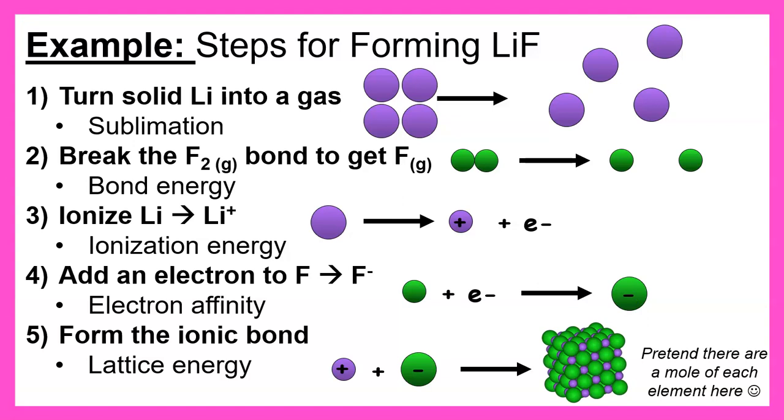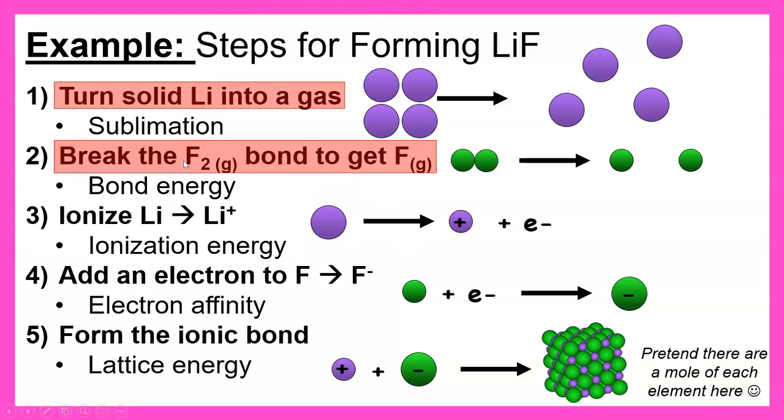So let's think about whether it takes energy for each step or if energy is released. It is going to take some energy to turn a solid into a gas. It's going to take some energy to break the bond there. It takes some energy to remove an electron. Even though lithium likes making a +1 charge, even though it's fine being an ion, you still have to put a little bit of energy in to remove it, right? Now, a fluorine atom is more stable and better off being a fluoride anion.